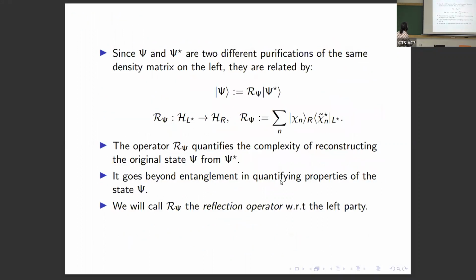maps the canonical purification. So the state and its canonical purification, the operator in between them is curly R. Yes, the physical purification, exactly. The operator that maps the canonical purification to the physical purification.